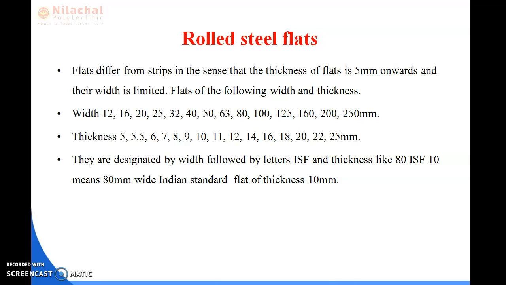And the thickness of the flat steel rolled section is available in 5 mm, 5.5 mm, 6, 7, 8 up to 25 mm. They are designated by width followed by the letters ISF, that means Indian Standard Flat Section, and then the thickness, like 80 ISF 10, that means 80 indicates the width of the Indian Standard Flat and 10 indicates the thickness of the rolled steel flat.